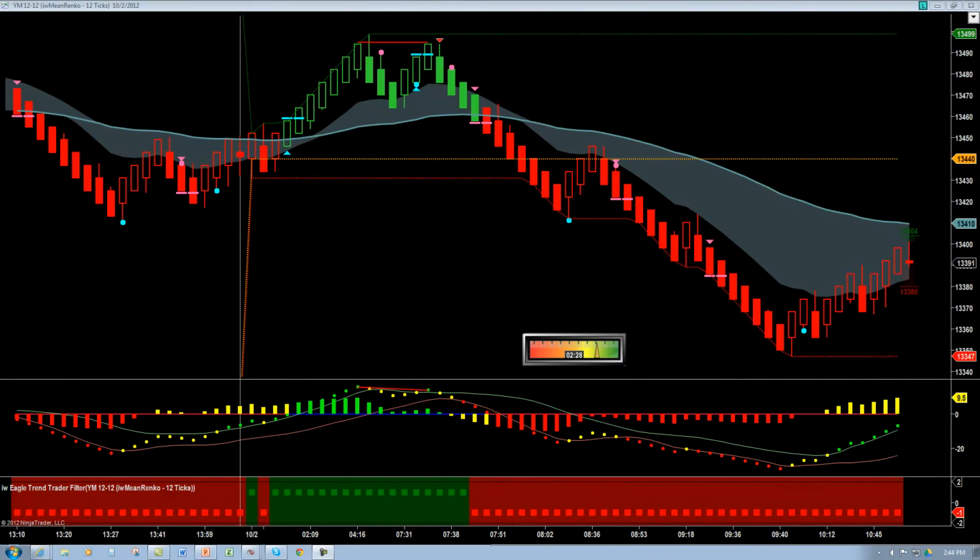All right, we're not really going to be focusing on method or anything like that today. I will point out, however, that this is a trade setup that could possibly set us up for a short here on the Eagle Trend Trader. However, you're going to notice that price is up here inside the band, which is where I do not want to see it if I'm going to be taking a short trade.